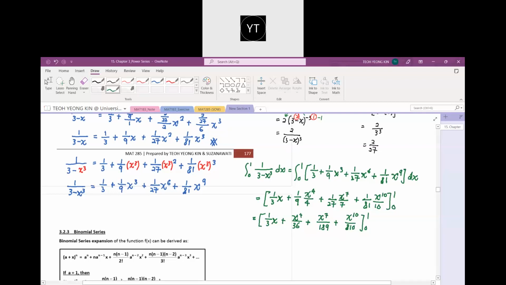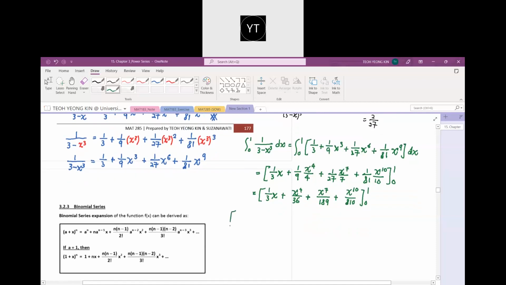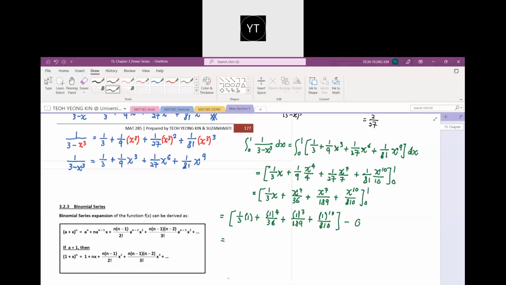So substitute the value of 1 here, first, minus and then 0. So that means 1/3 times 1 plus 1 power 4 over 36 plus 1 power of 7 over 189 plus 1 power of 10 over 810, minus substitute 0. When I substitute 0, this part is 0. So here comes the answer: 1 over 3 plus 1 over 36 plus 1 over 189 plus 1 over 810.